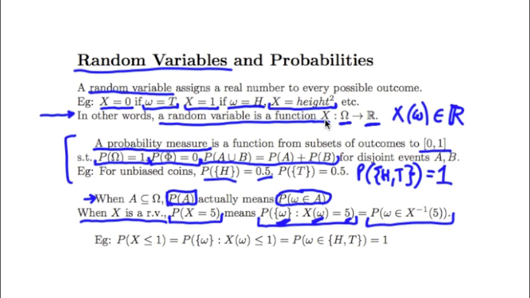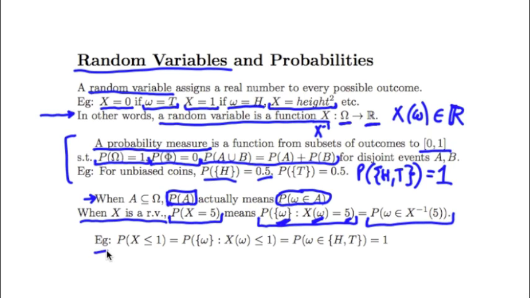If X is a function from omega to R, then X inverse goes from R to subsets of omega. So X inverse of 5 gives you all those elements of omega that map to 5. So when I say P of X equal to 5, what I really mean is the probability of the random outcomes of your experiment belonging to the set X inverse of 5.